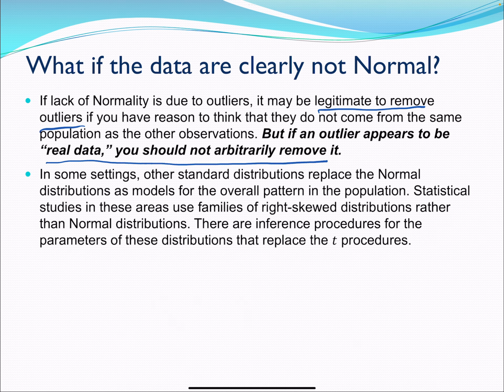In some settings, other standard distributions replace the normal distribution as models. Statistical studies in these areas use families of right-skewed distributions. There are inference procedures for the parameters of these distributions that replace t procedures, but I'm not going to cover those in this course. That's maybe a graduate level stats course.